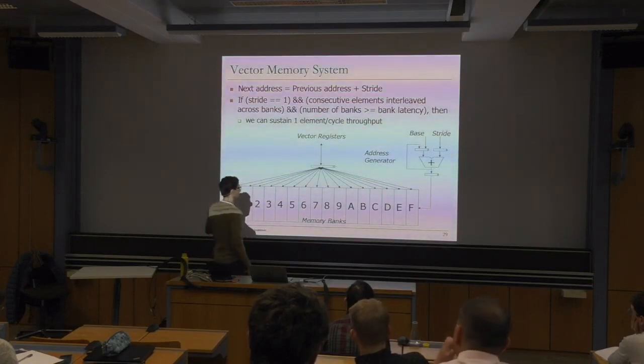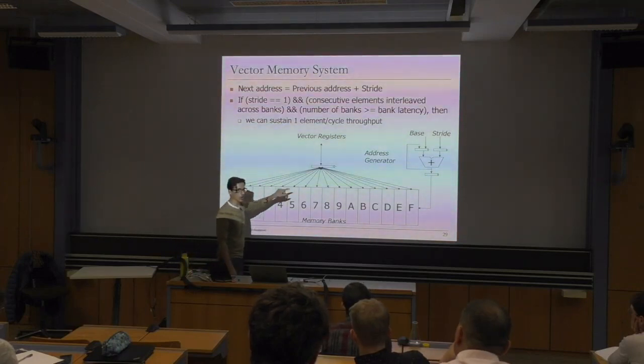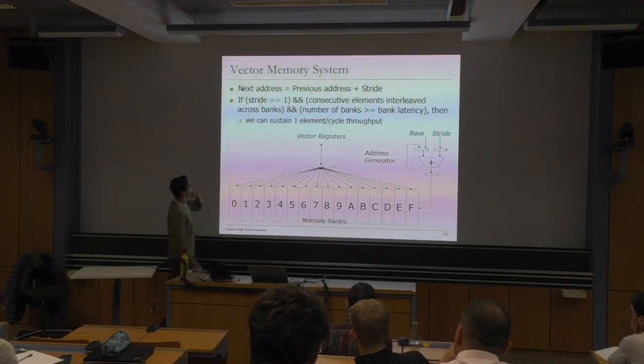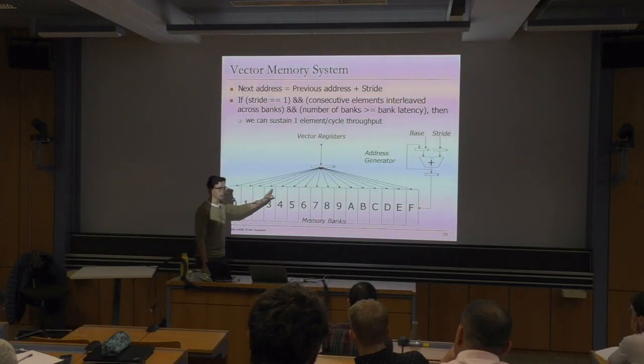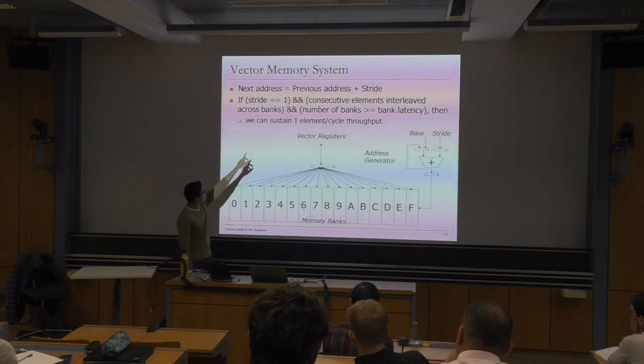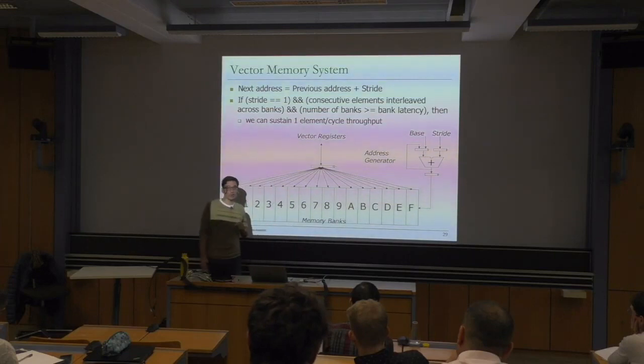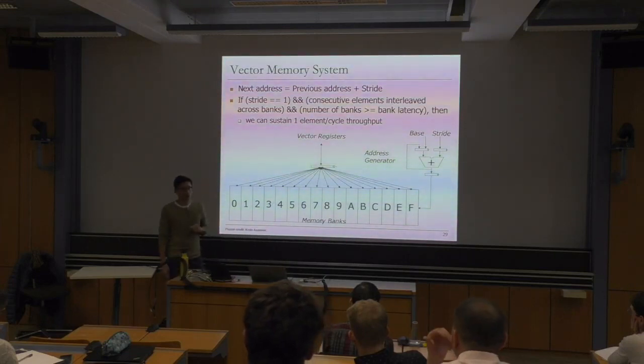It means that here we have 16 banks, and we're going to be reading one element from each bank. Why is that? Because the stride is 1, and because the consecutive elements are stored in consecutive banks. That's what this if says. And the last part of the if says the number of banks is greater or equal to the bank latency. Why is that important?